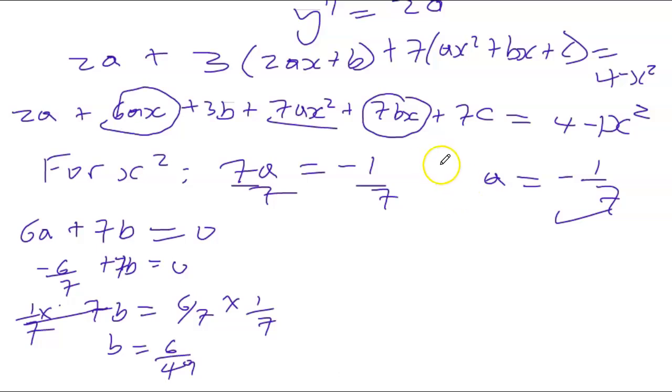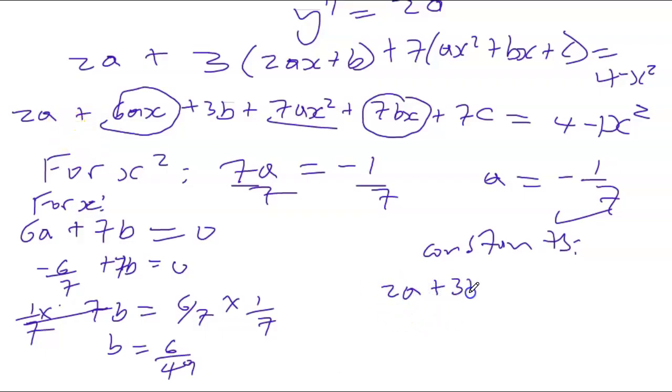And finally, we can equate the constants. We just did the x terms. Now for the constants, on the left hand side, we have 2a plus 3b plus 7c. And the constant on the right hand side is positive 4. We already found the values of a and b, so we can plug them in.